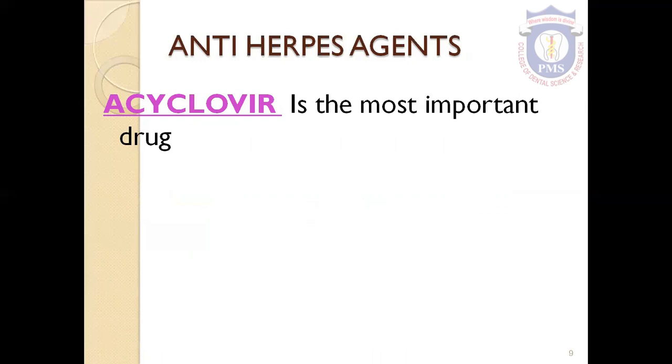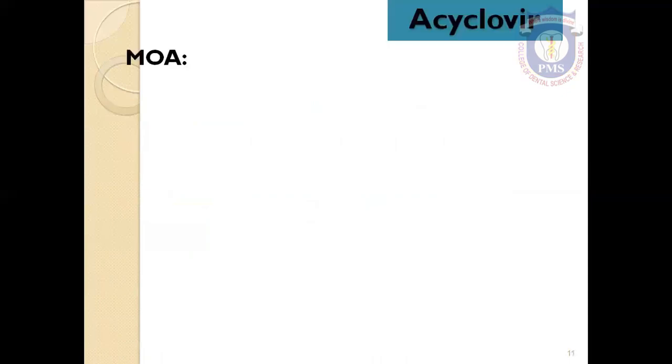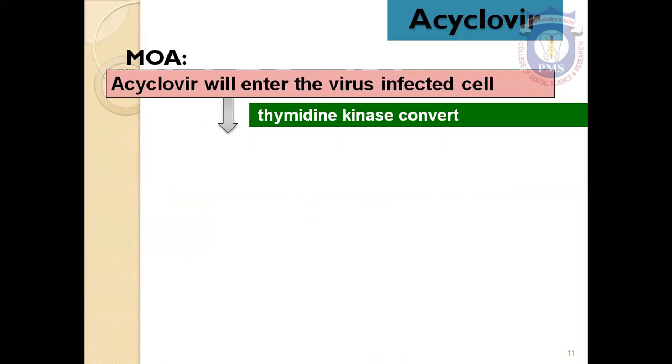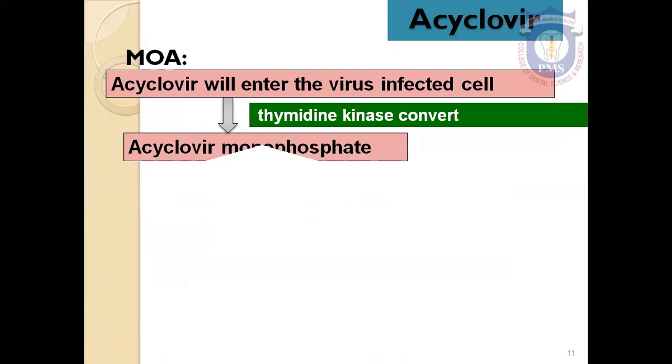Among anti-herpes agents, acyclovir is the most important drug. Mechanism of action of acyclovir: it enters the virus-infected cells, and the thymidine kinase enzyme converts it into acyclovir monophosphate.